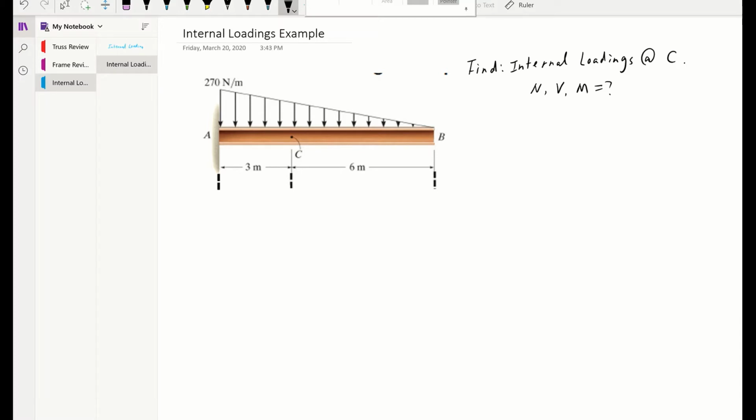The first approach is to cut it. If they want you to find at point C, we go ahead and cut at point C. When you make this cut, you have a left section and a right section. Either one will work.